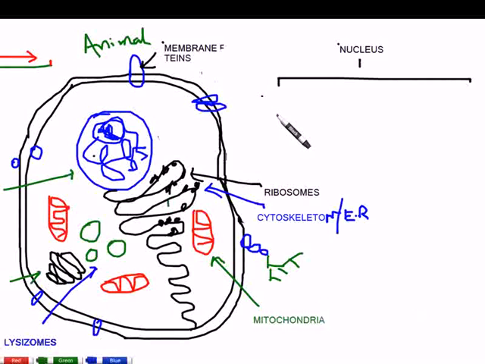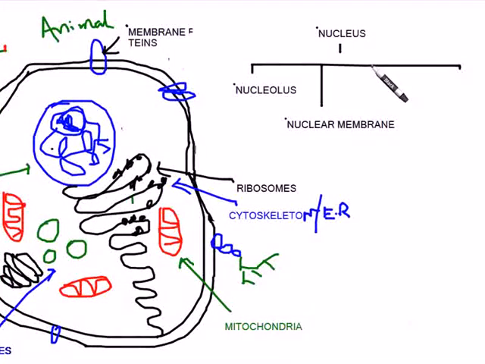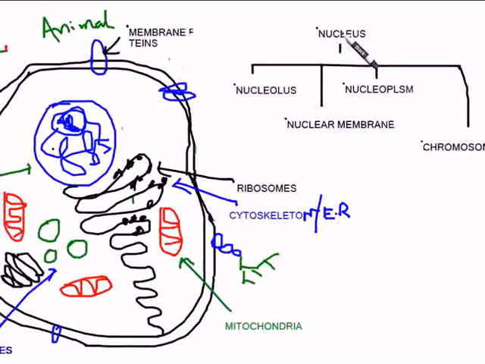We have a nucleolus, a nuclear membrane, the nucleoplasm, and we also have chromosomes. Okay, so this is what a nucleus is made up of.